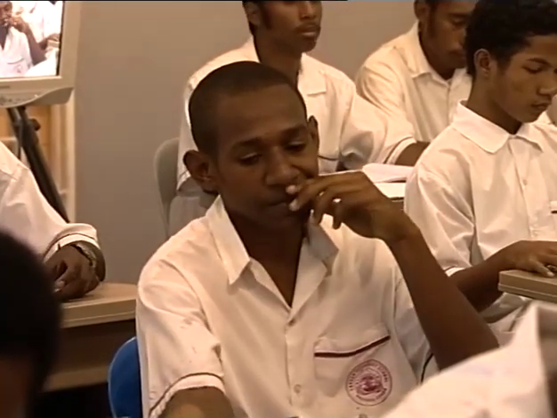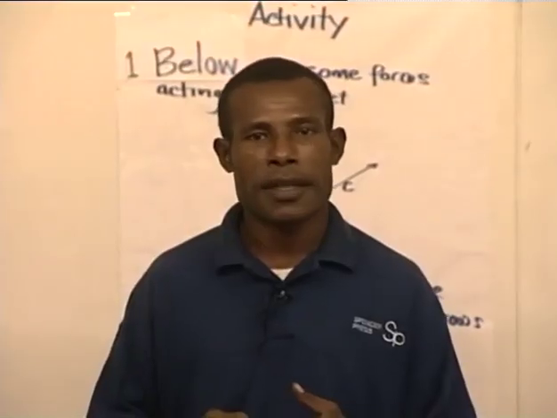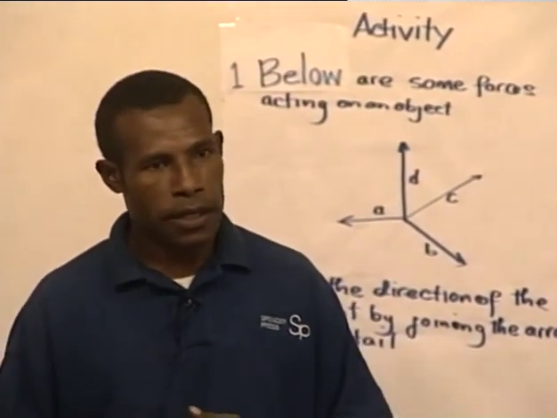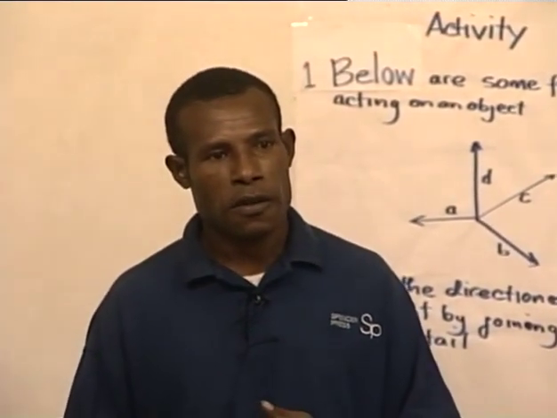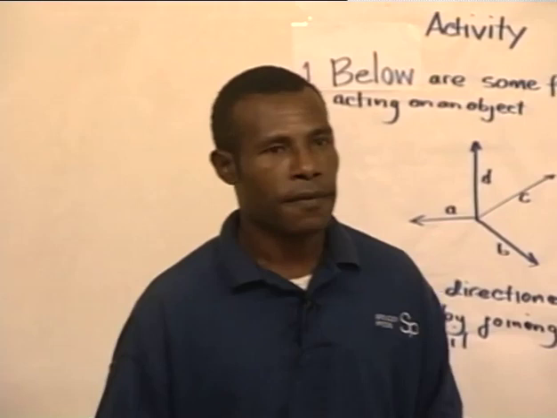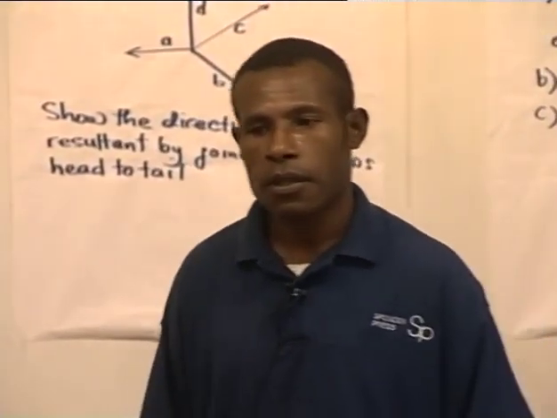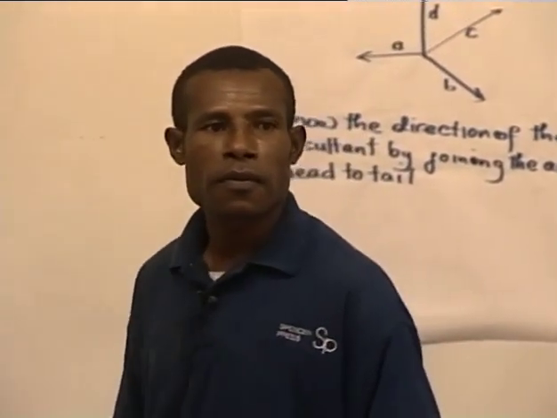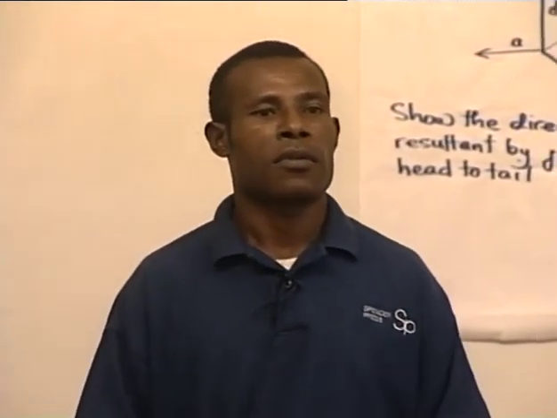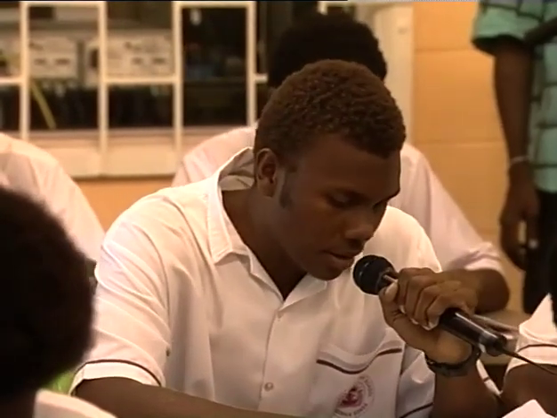A scalar is a quantity that has only the size but no direction. Good. Okay, what is a vector? Josh, you tell us a vector quantity. A vector quantity is a quantity that has size and also direction.